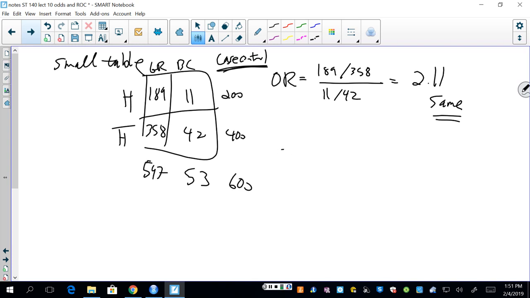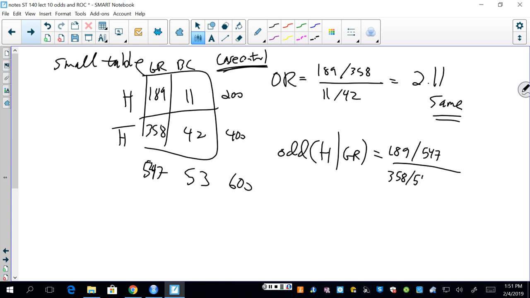The odds for hip dysplasia among the golden retrievers from a table like this: 189 over 547 is the probability. And for the odds, you divide by the probability that it doesn't happen, 358 over 547.